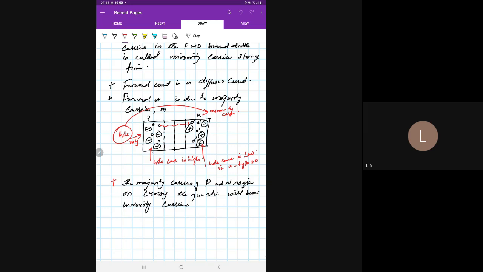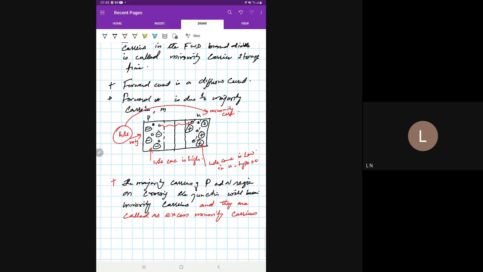And in the region upon crossing the junction, they are called excess minority carriers. Okay, because initially they were majority carriers, but after moving into another region and crossing the junction, they became minority carriers.